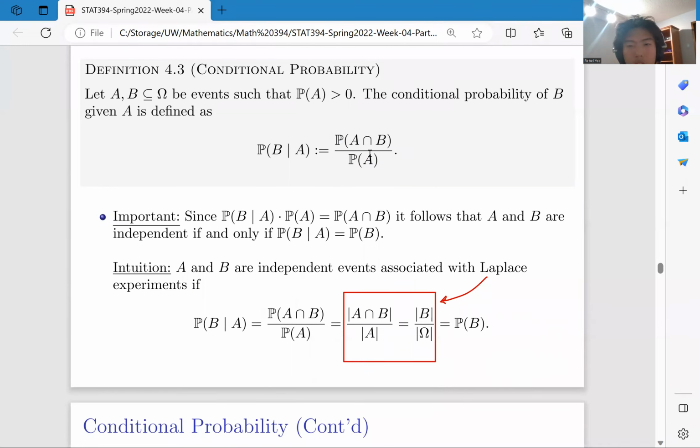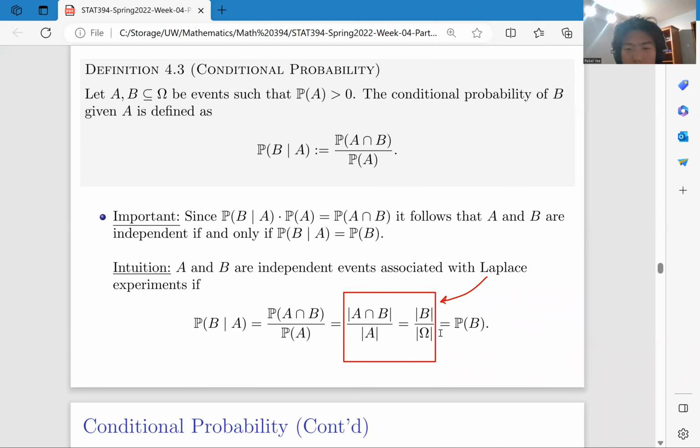And why is this true? The probability of B given A is equal to this one, which is equal to the cardinality of A intersection B divided by the cardinality of A. And if A and B are independent, we know that these two terms can be written as the cardinality of B divided by the sample space.